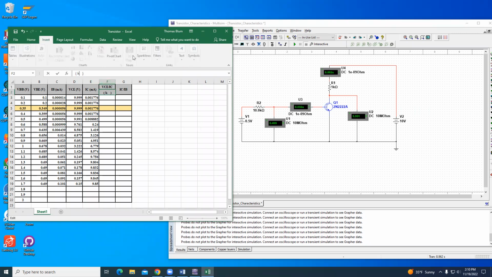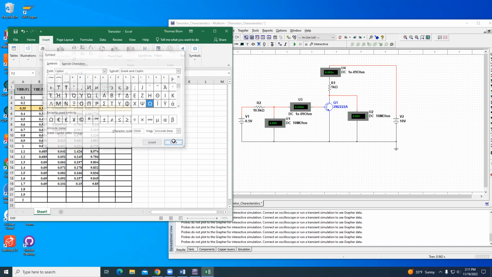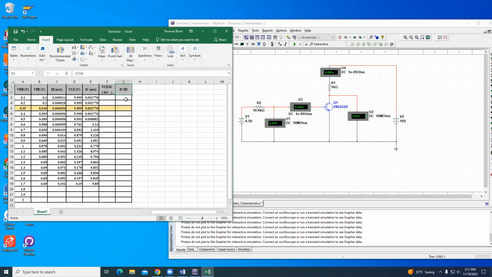If I want to be fancy, I can insert the symbol and find my Greek omega. And for current over current here, there will be no units, it's just a ratio.